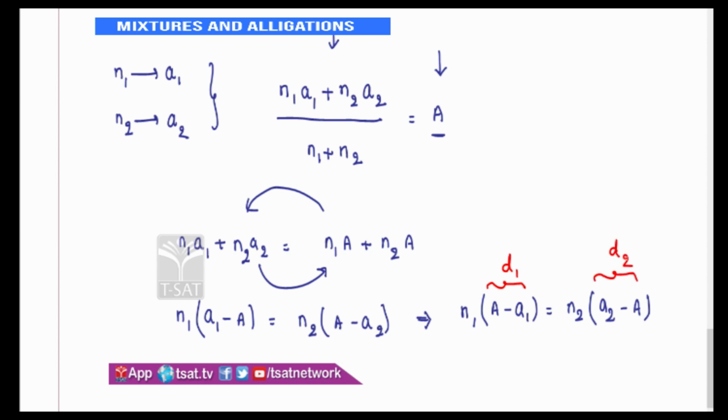Each term here: N1 and N2 are the number of members in group 1 and group 2, A1 is the average of group 1, A2 is the average of group 2, capital A is the combined average. Now N1 by N2 is equal to D2 by D1.